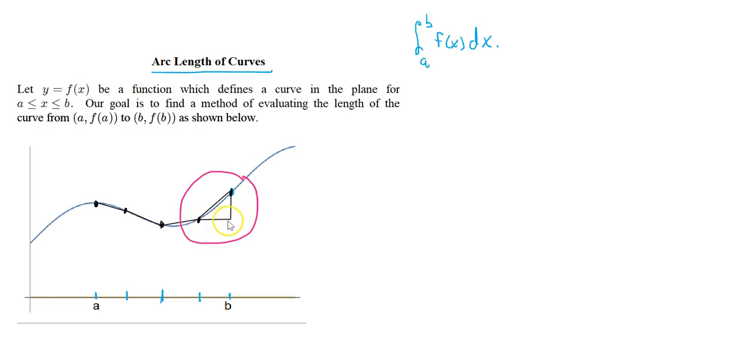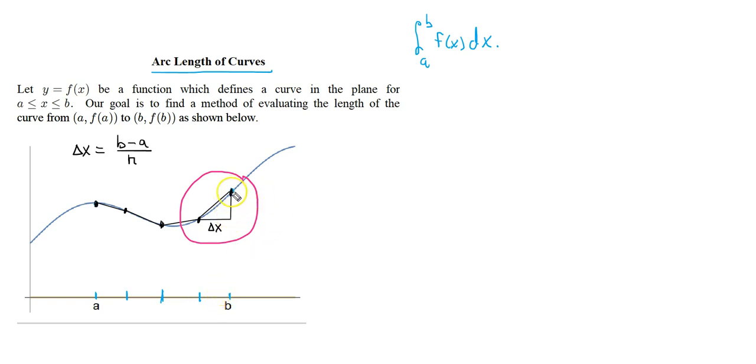Now let's notice that this distance here is going to be delta x, where delta x is the length of each subinterval down here. So recall that delta x is just b minus a over n, where n is the number of subintervals. In this case, n would be 4.